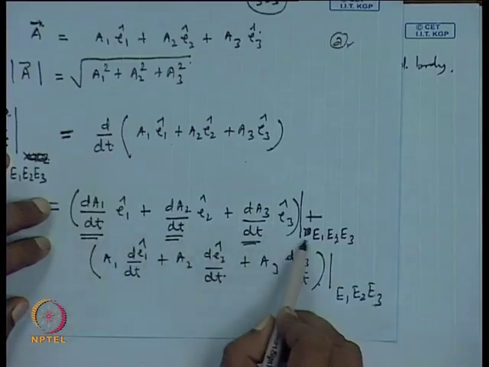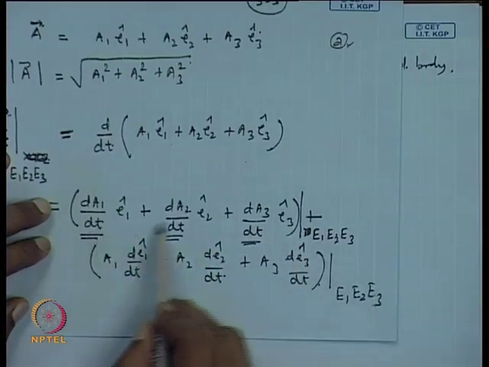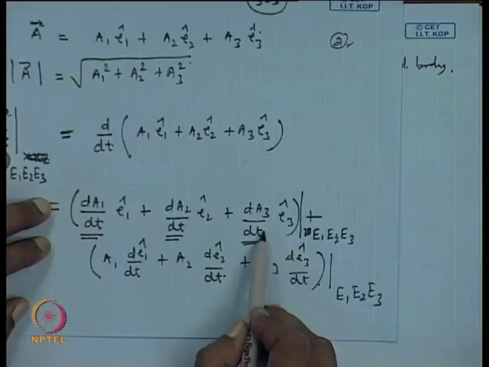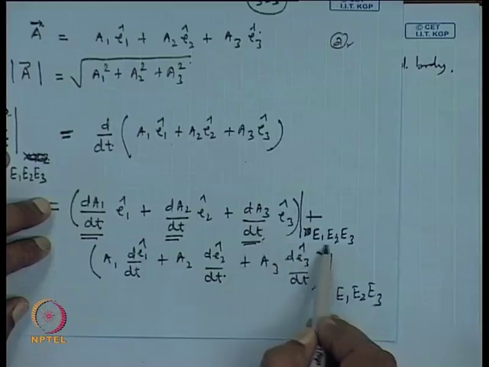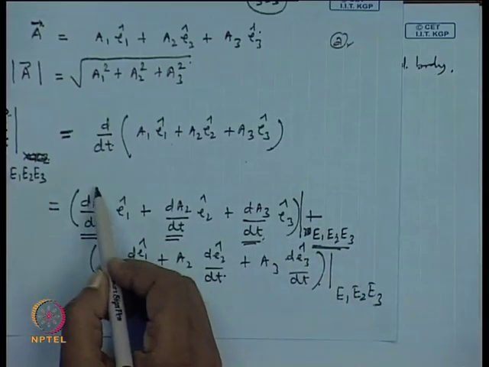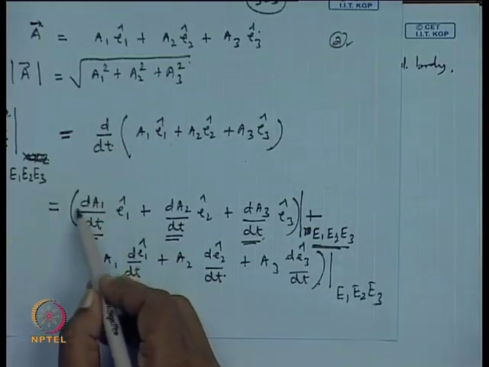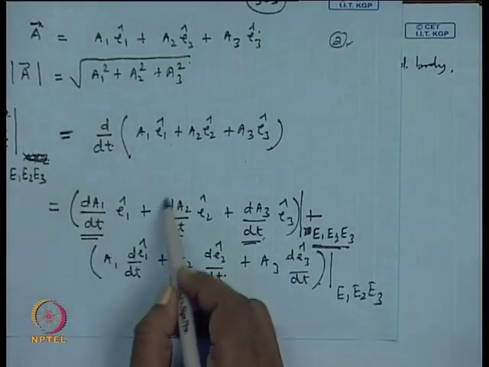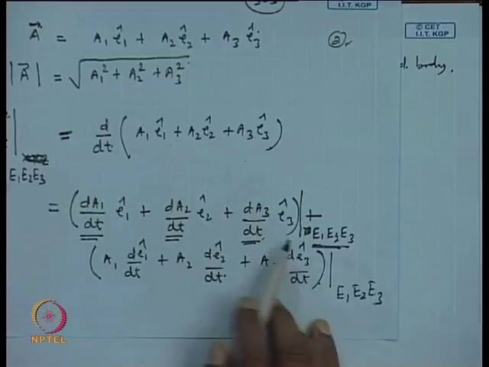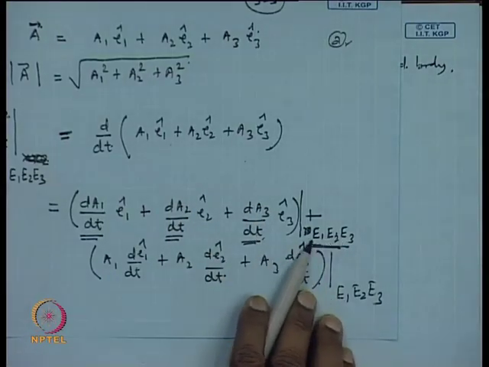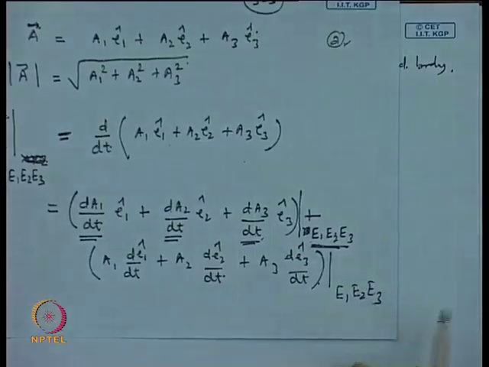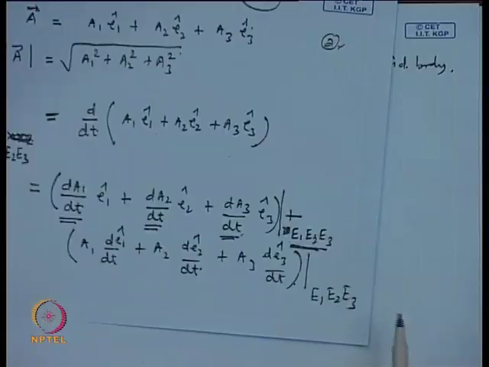So, from that point of view, this dA1 by dt, dA2 by dt and dA3 by dt with respect to E1, E2, E3 are basically the time derivatives of the scalar components, and therefore they will appear the same whether you look from the capital E1, E2, E3 frame or from the small e1, e2, e3 body reference frame.